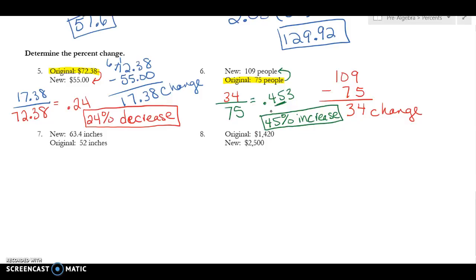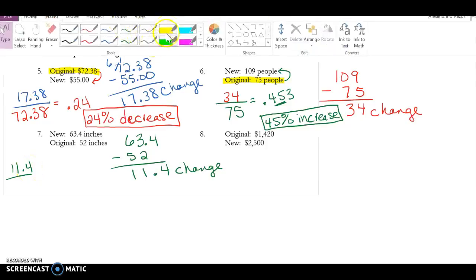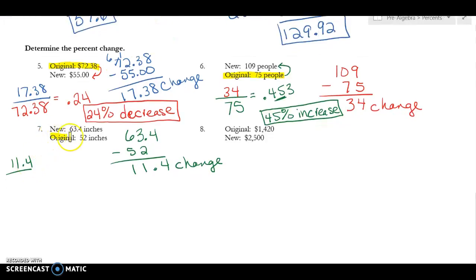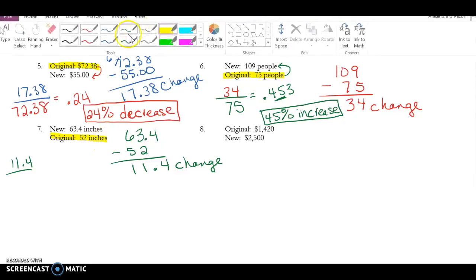Okay, so I'd like you to try 7 and 8 on your own, and when you think you have it, press play. Remember, the first thing to do is find the change, and then divide by the original amount. Okay, welcome back. Hopefully you went ahead and did it. So I'm going to find my change. My change is 11.4, and I'm going to divide that by my original, which is 52.